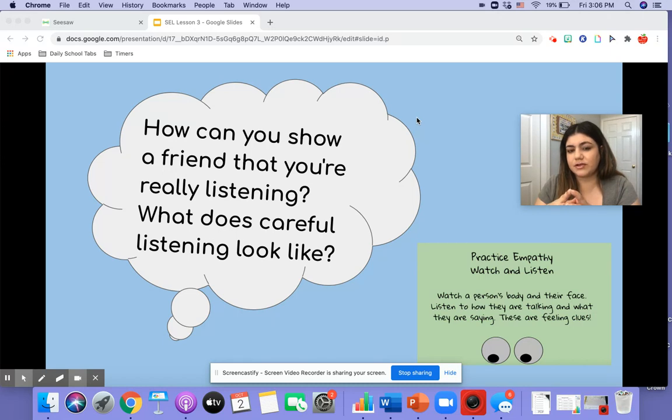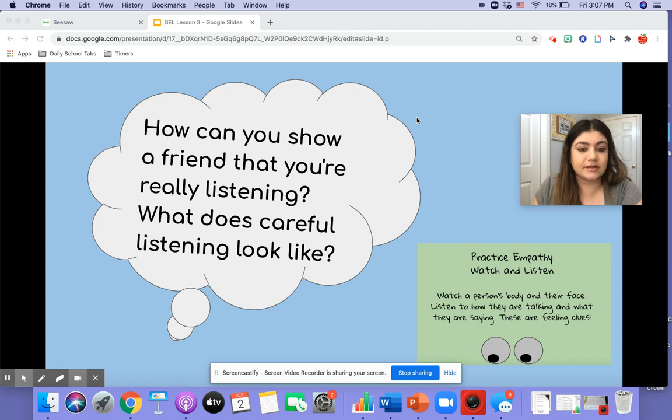If I'm looking at you right now and I say, are you listening carefully? Are you going to be slouching? Are you going to be looking away? Are you going to be talking to somebody else? No. You're giving eye contact to that person. Eye contact is a big thing for listening, careful listening.